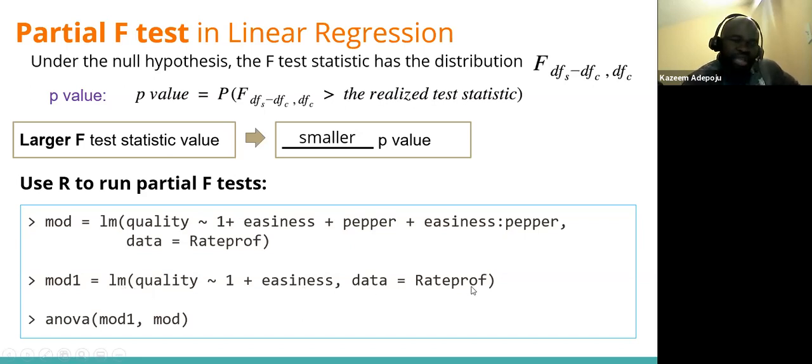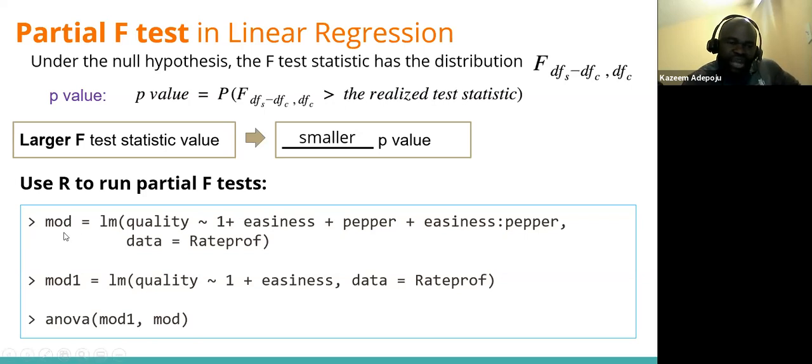So if you want to run that in R, you're going to write anova, then whatever you use to save your simple model, comma, and whatever you use to save your complicated model. I'm going to say that again. This is your code in R to run the F test that we also call a nested F test.